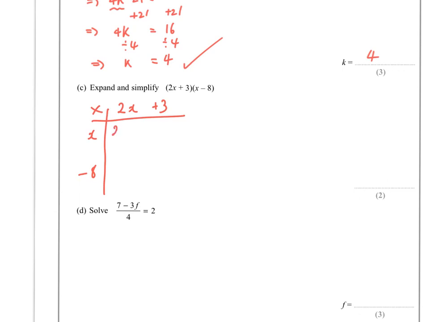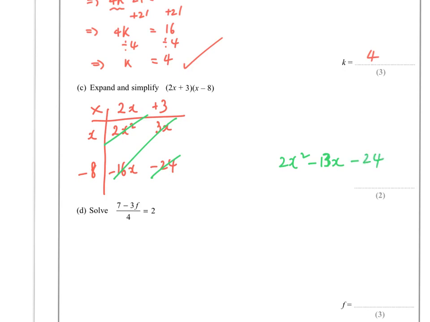So let's multiply these out. 2x squared, 3x, minus 16x, and then a minus times a plus, then minus 24. So we'd have 2x squared minus 16x and 3x, or 3x take away 16x is minus 13x, and then minus 24.